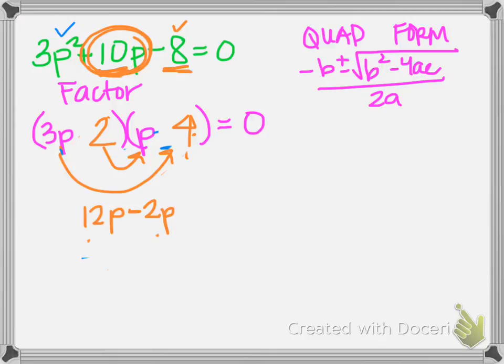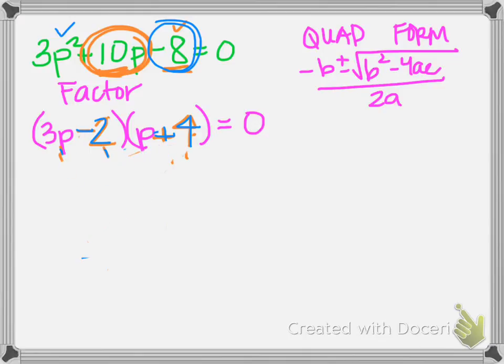So that means the 4 would have to be positive and the 2 would have to be negative. Now let's check that 8 one more time. This should be a negative 8. Negative 2 multiplied by positive 4, that gives me negative 8. Perfect. So that is what we call factoring.